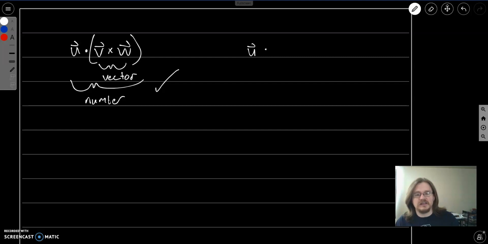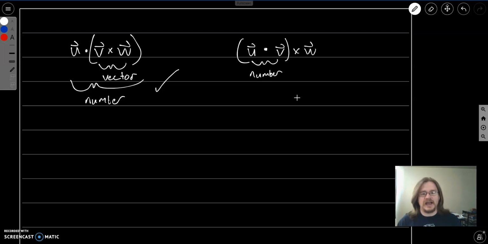Let's say that I take u dot v cross w, and let's say I put the parentheses here. Well, what's going to happen? u dot v, this is a number, and I can't take a number cross a vector. That doesn't make sense.